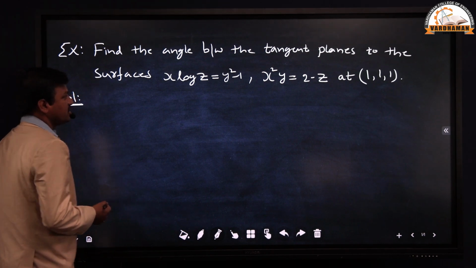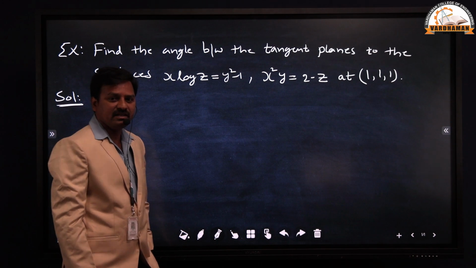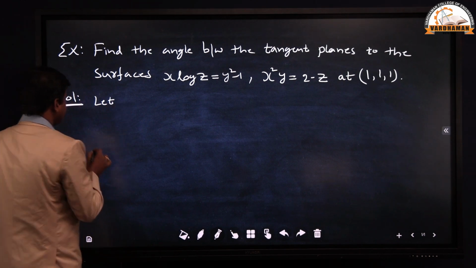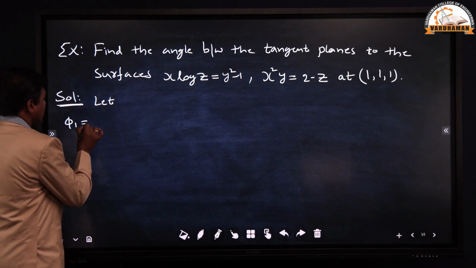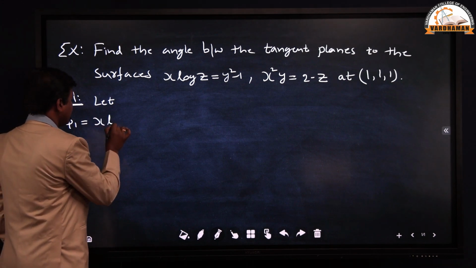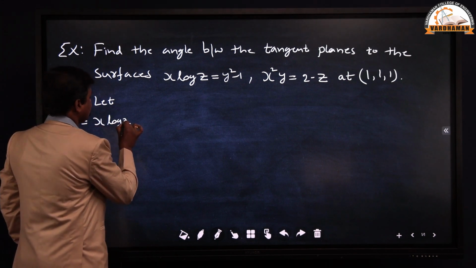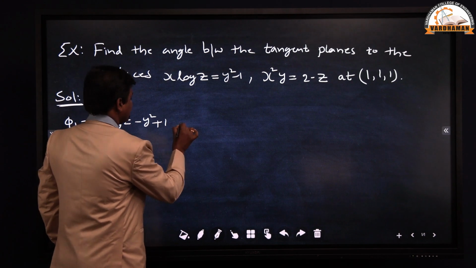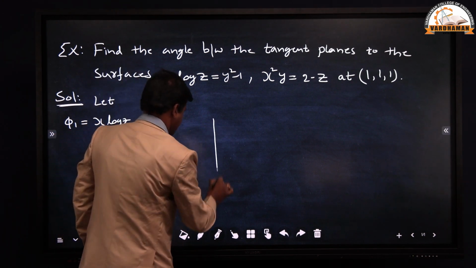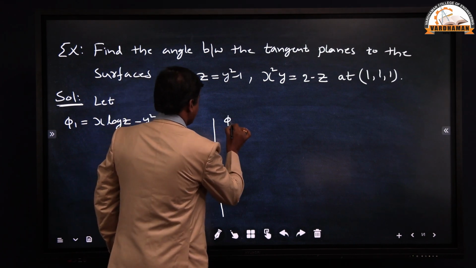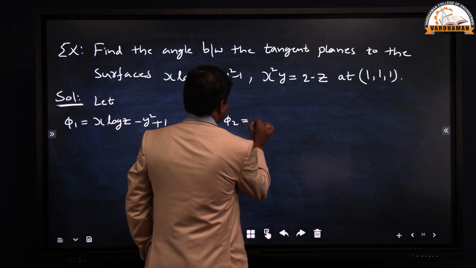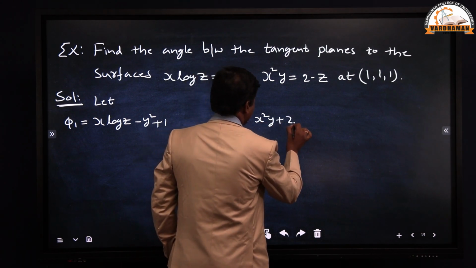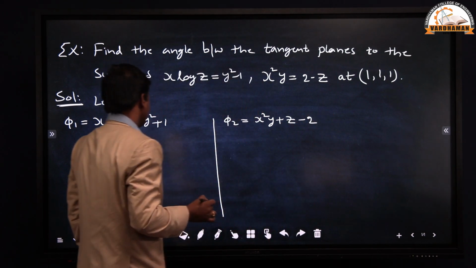Solution. So let us assume that the first surface has a pi 1 and the second surface has pi 2. Let pi 1 equal to x log z minus y square plus 1, pi 2 equal to x square y plus z minus 2.